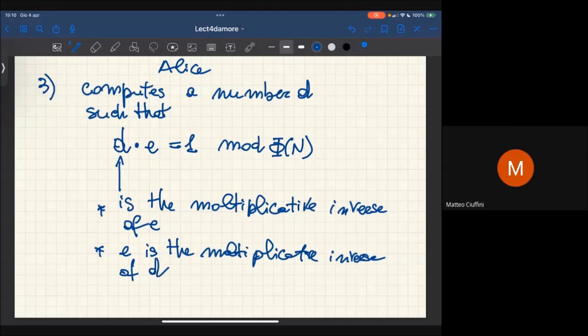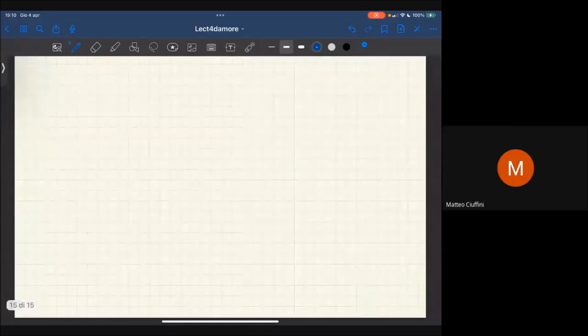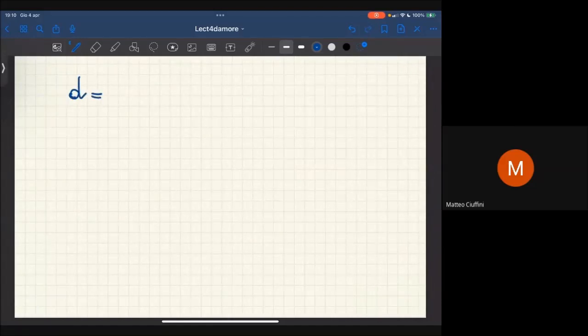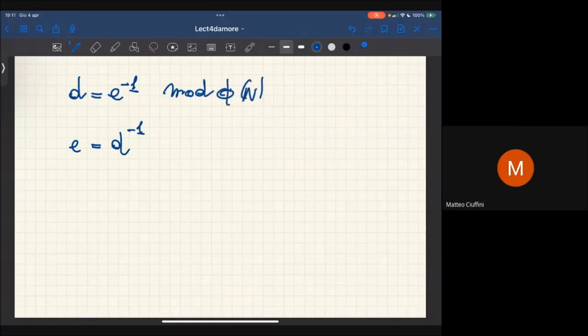Okay, so mathematicians like to write that D is equal to E raised to the power of -1, and that E is equal to D raised to the power of -1 mod phi of n.